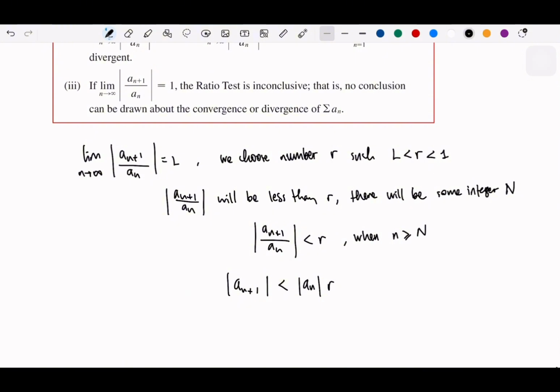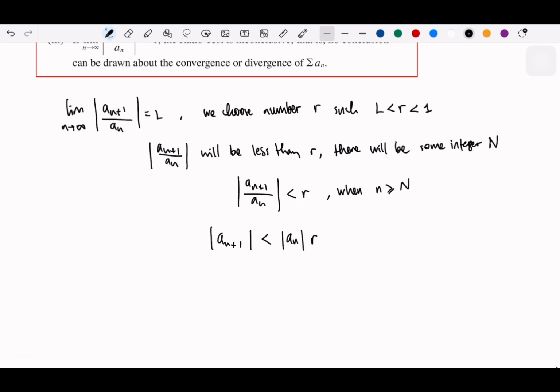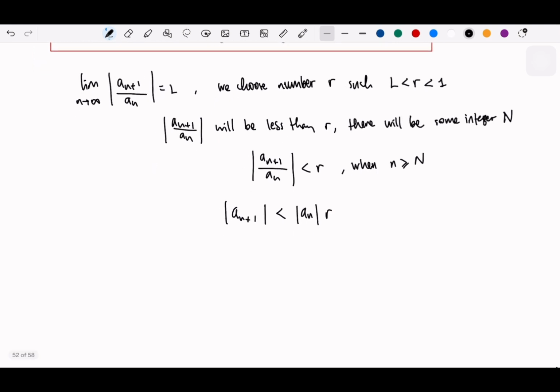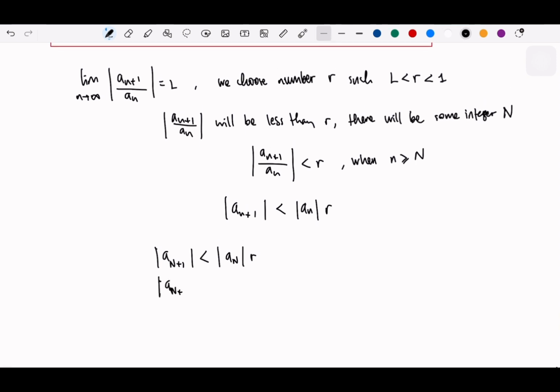And if we increase the n, let's say this is capital N, and then we take N plus 2, or maybe just 2 should be enough.